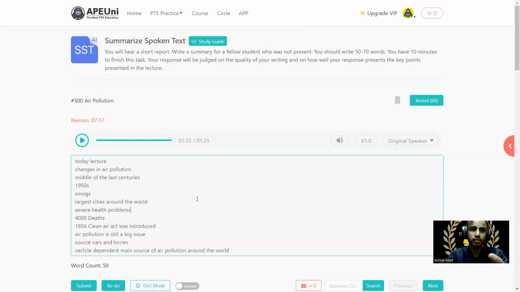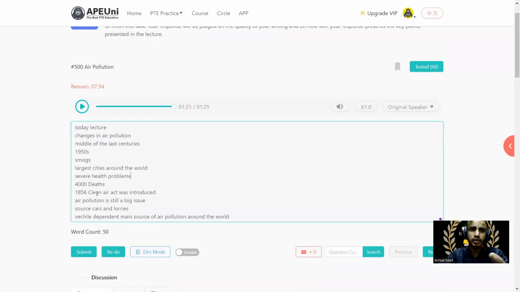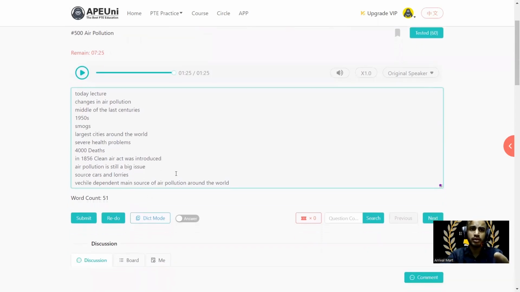Severe health problems. 1956 Clean Air Act was introduced. Air pollution is still a big issue. Main sources are cars and lorries. Vehicle dependent is the main source of air pollution around the world.